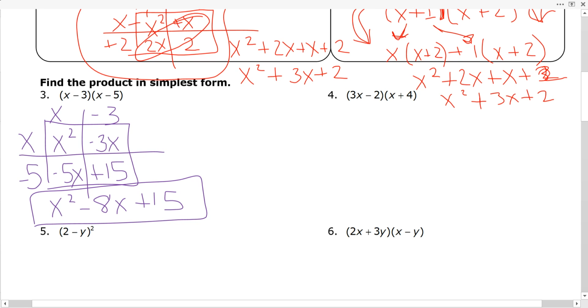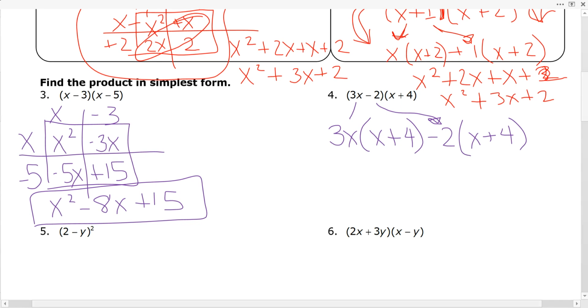Okay, number 4, I'm going to do 3x times x plus 4 minus 2 times x plus 4. So I took that and separated it, put my x plus 4 twice so I could multiply each one times it separately.